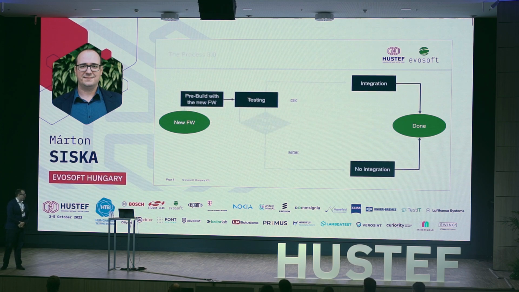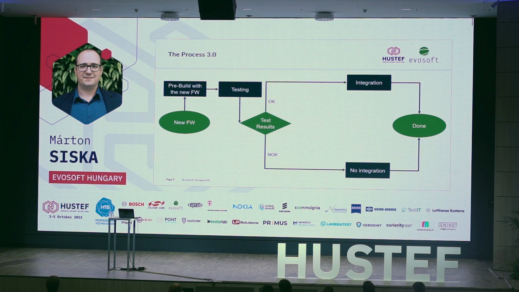So, to avoid this situation, we kept the core of the process as it is, as you can see. But we introduced a new branch. Integration can now be requested. The results have been provided already to all of the product owners and chief product owners or whatever stakeholders were interested, and they had the possibility to come to us and say, "Yeah, I need that firmware, integrate it into your main branch."